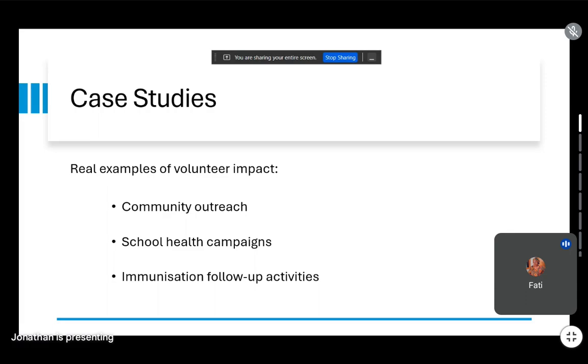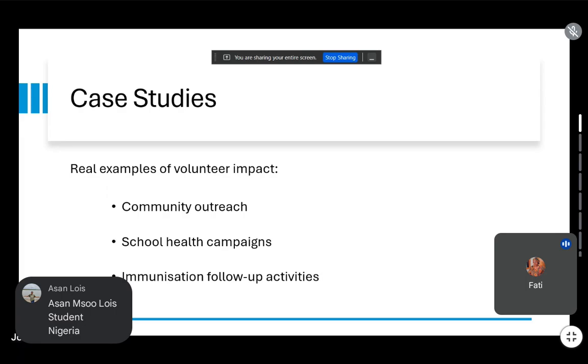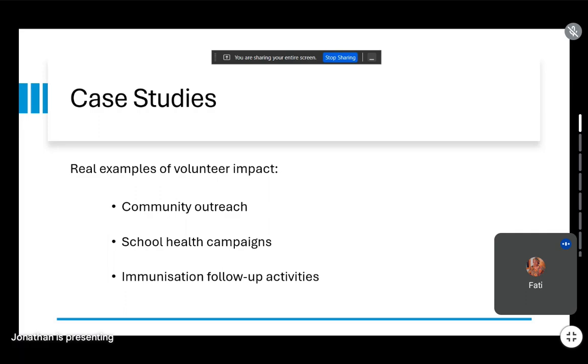So what we did was to find individuals within that same school to serve as volunteers for us. When we had only 2 health workers and we used 8 volunteers, it was a more successful program than all that we were doing. Because we were able to get students themselves to serve as volunteers, it encouraged a lot of students to join the program.